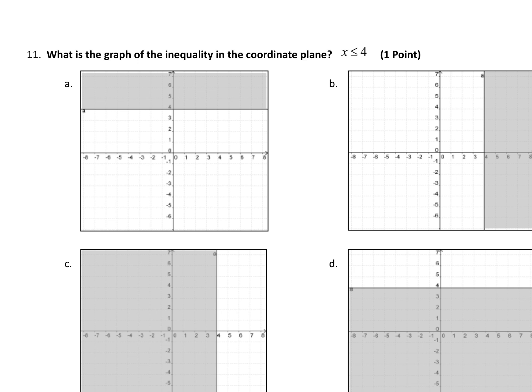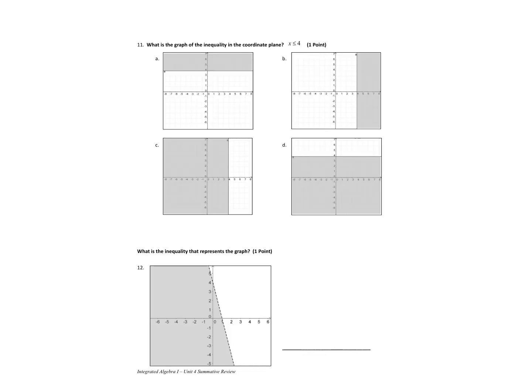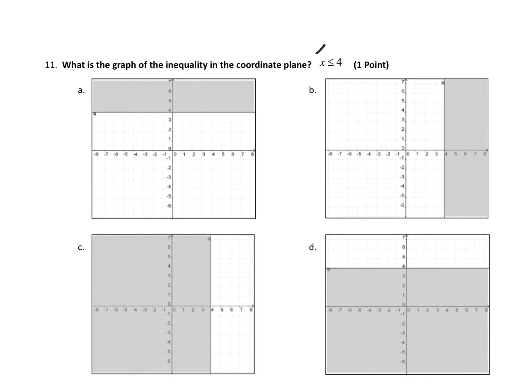Number 11, we are given an inequality graph. What is the graph of the inequality in the coordinate plane with x less than or equal to 4? So when we want to graph x equals 4, that means it is going through the x-axis. So A is going through the y-axis, so that's not going to be correct, and D is going through the y-axis.